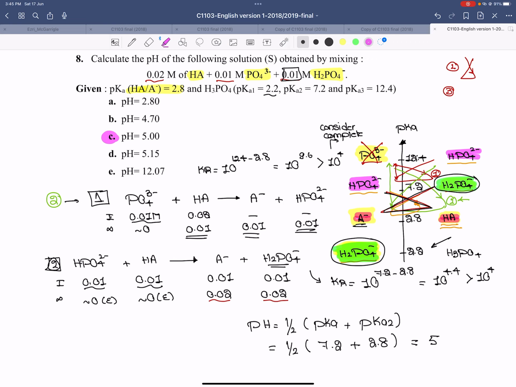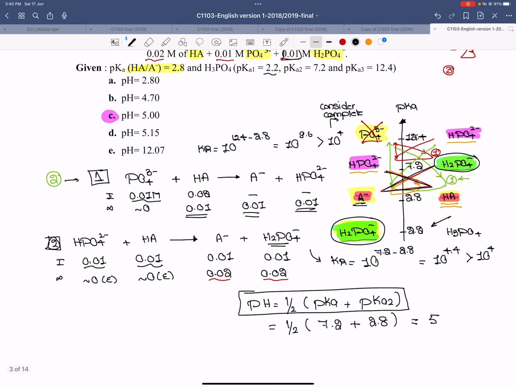If the rules for this equation are not satisfied, and you should know the rules for this equation from your course, what you do is that you write the reaction, which is basically H2PO4 minus plus A minus.